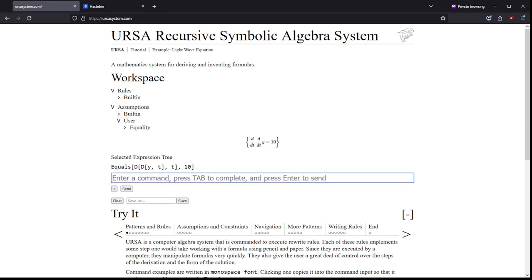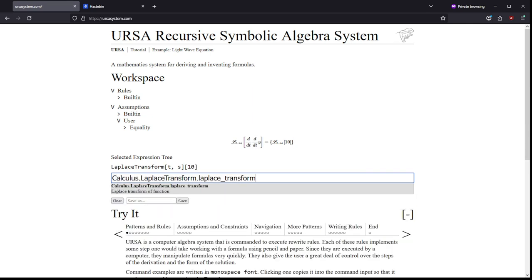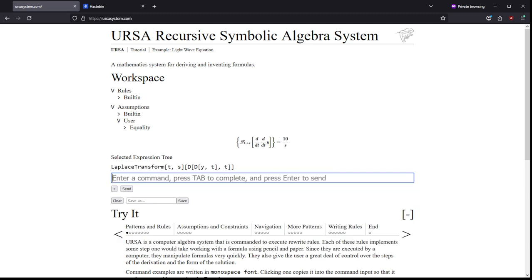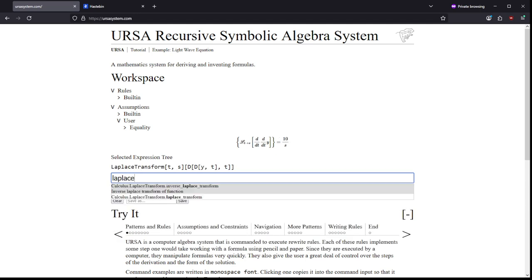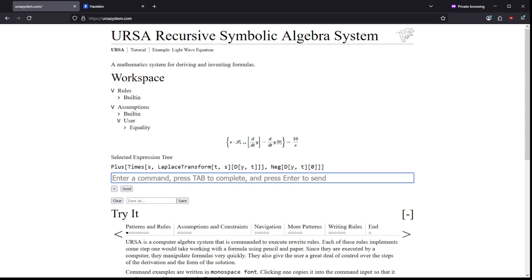And now we can take the Laplace transform of both sides, transforming t into s, and then on the right-hand side we can just take the Laplace transform straight away. Easy. And then on the left-hand side, we can take it just one step, not top-down, and that gets rid of one derivative.